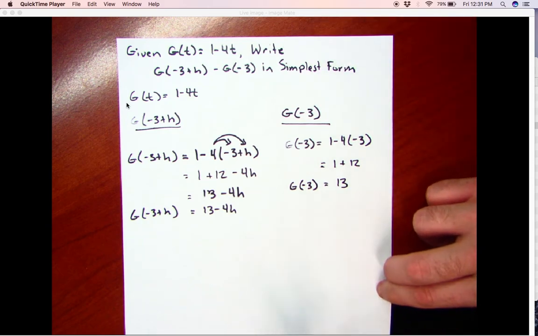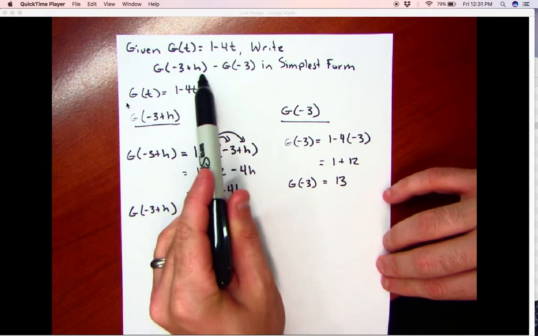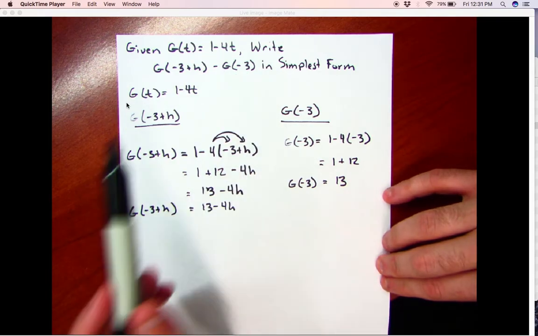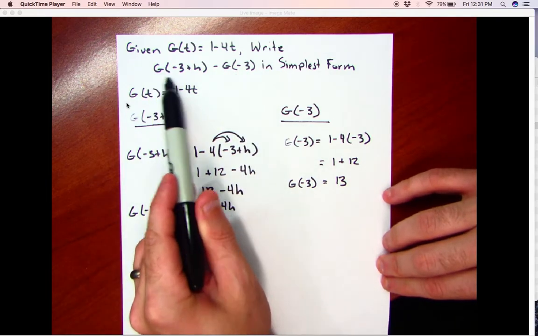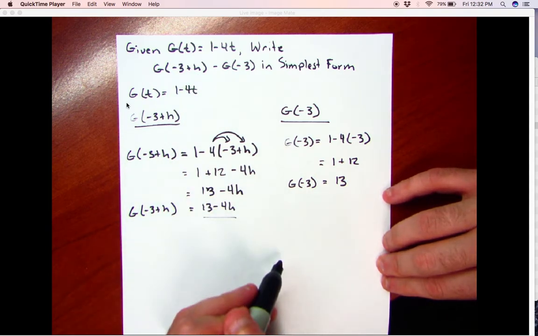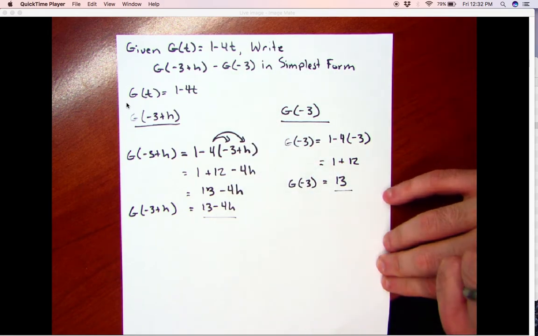Okay, so now that we got both parts taken care of, we have to combine them. Because remember, we have to do this guy minus this guy right here. So by substitution, g of negative 3 plus h was this one right here, and g of negative 3 is that right there.